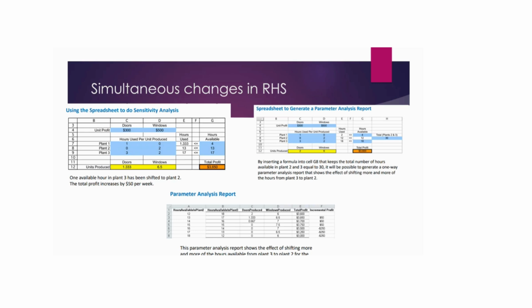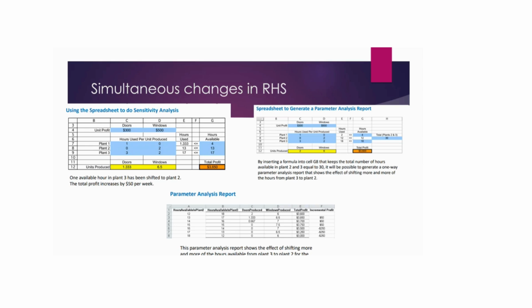Now let's look at column E, the total profit column, and also at the incremental profit. So we see increases in total profit, but at some point there is a decrease in the total profit, and these increases and decreases are shown on column F for the incremental profit. And you see here that it's already negative.